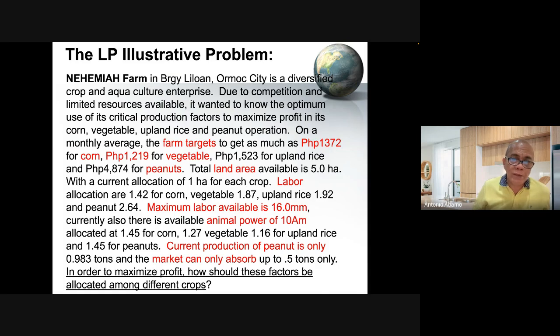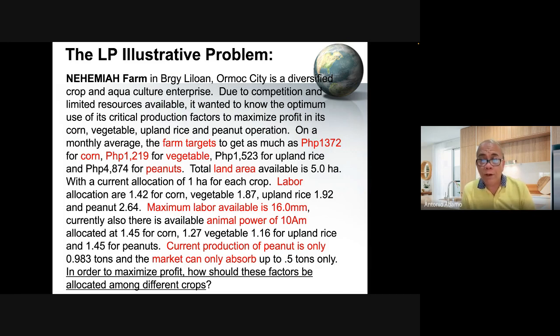On a monthly average, the farm targets to get as much as 1,372 pesos for corn, that is gross margin, and then you have 1,219 gross revenue again for vegetable, 1,005 for upland rice, and 4,000 for peanuts.